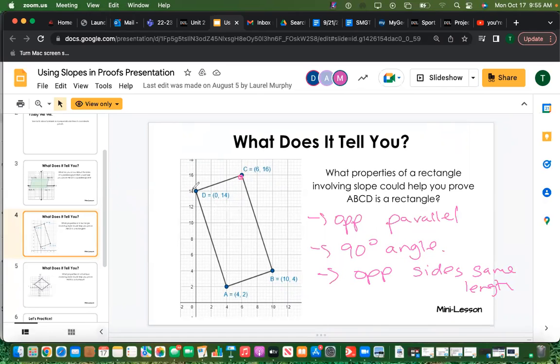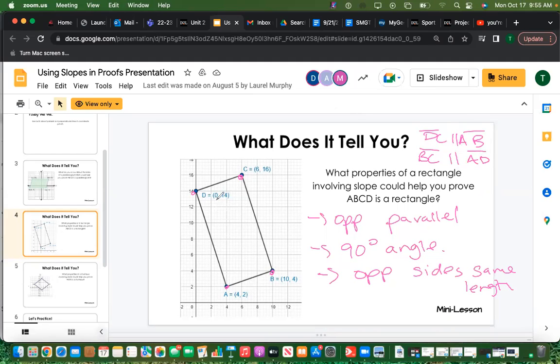Okay. So really quick, draw this rectangle on your paper. Make sure that you write down the points. If you want to graph it on your paper, fine. But if you want to just draw the point or write down the points, that's fine too. I want you to tell me if DC is parallel to AB and if BC is parallel to AD.